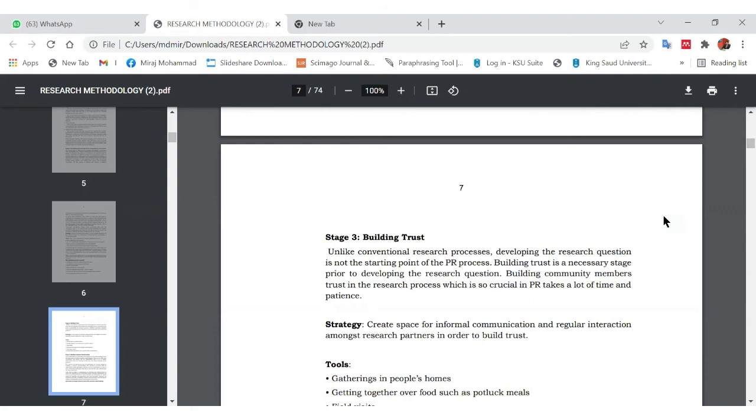Unless and until you build trust, you cannot bring about tangible change. A public health project is all about building trust. Unless the people trust you, unless your credentials are trustworthy, you cannot make a public health project work in a community.